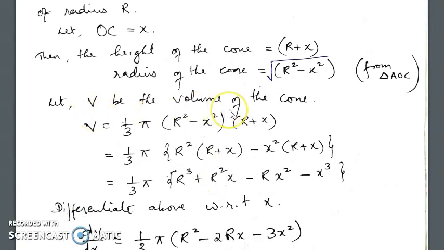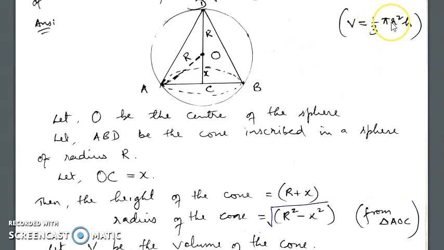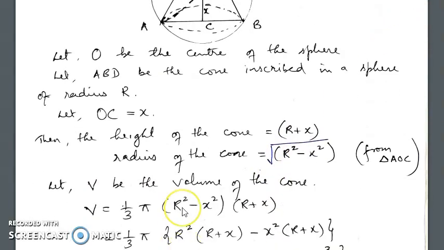Now let V be the volume of the cone, because V is what we have to find the maximum of. V is equal to 1 by 3 pi. In the actual formula we have 1 by 3 pi r square h. But here the radius of the cone is square root of R square minus X square. When I square this, square and square root cancel, so you will have only R square minus X square.